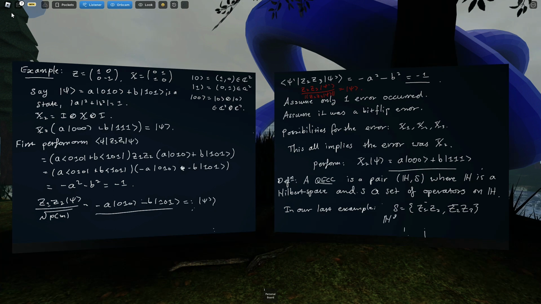So H_S is equal to the span of 0, 0, 0 and 1, 1, 1. And there's actual content there. That's not a definition. This is the set of vectors invariant under all operators in S.